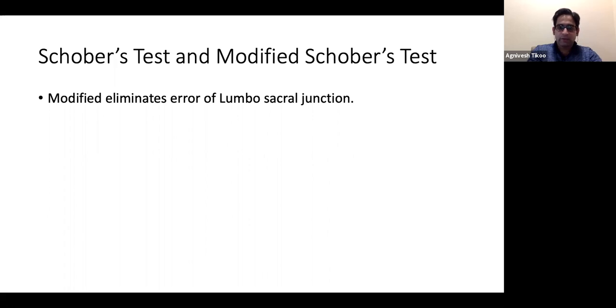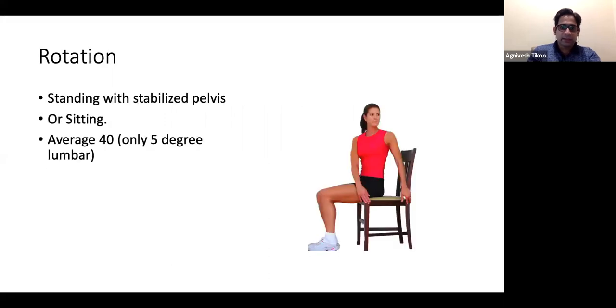So this error between L5 and S1 gets washed off. You mark the two PSIS points, then you mark the center of the spine, and that is your starting point. And then you mark a second point 15 centimeters above that point. You ask the patient to bend forward, and if the excursion is less than 5 centimeters, you consider it significant.